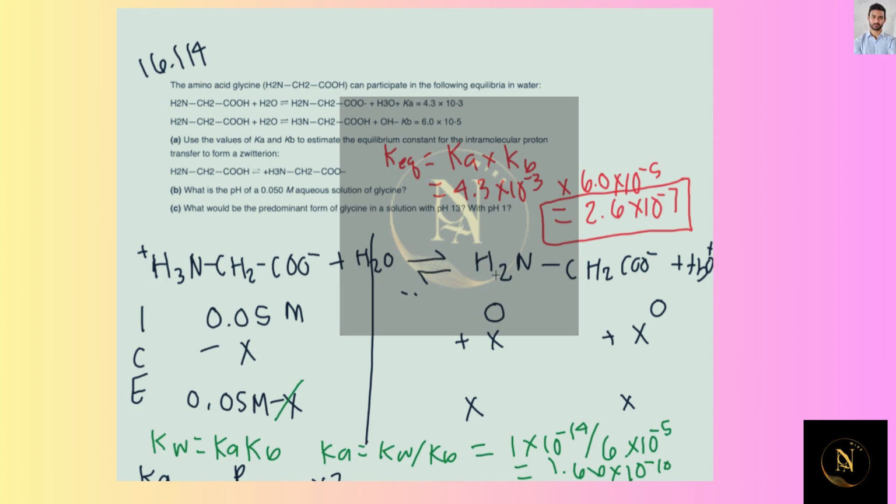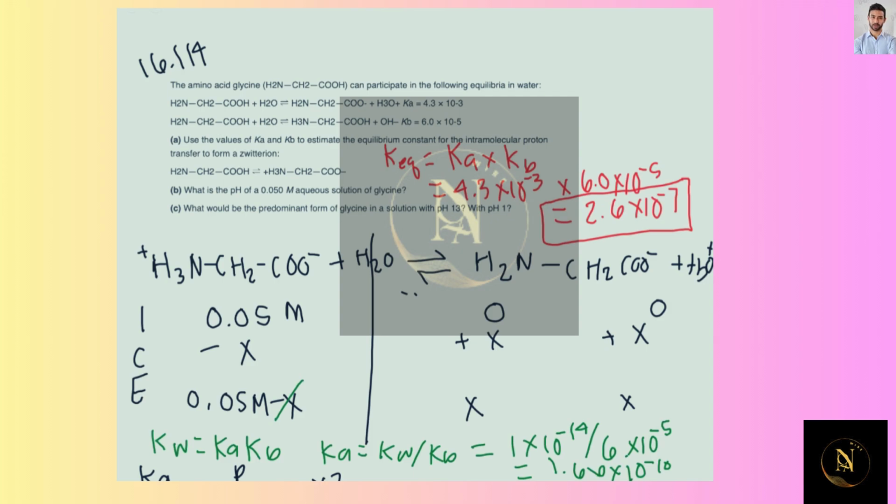The X squared comes from multiplying the H2NCH2COO minus and the H3O plus concentrations together, and that is equal to 1.66 times 10 to the negative 10. Then all we have to do is solve for X. X squared is equal to 1.66 times 10 to the negative 10 times 0.05, all taking the square root. We get the value of X to be 2.88 times 10 to the negative 6.